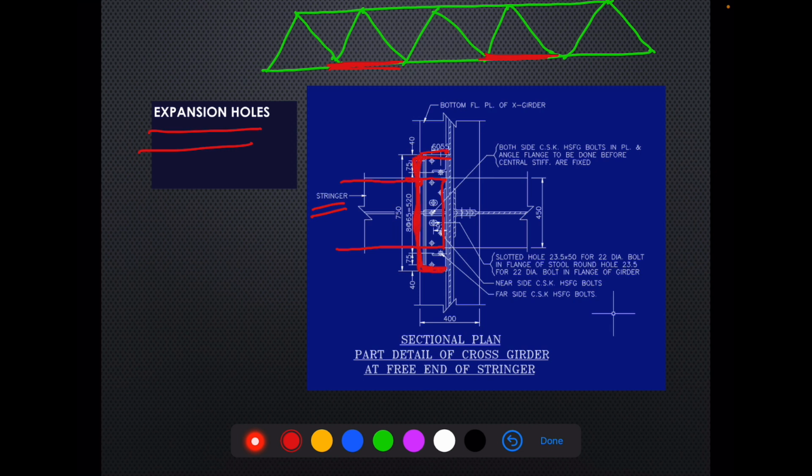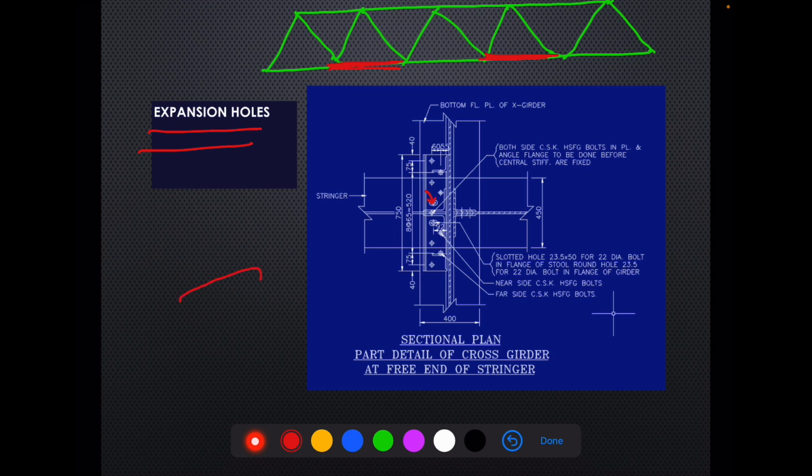Yeah, this is a kind of stool arrangement over which this stringer sits, but it is not fixed with the stringer web, cross girder web directly. It is just resting, and it is connected with the help of a bolt, which you can see over here.